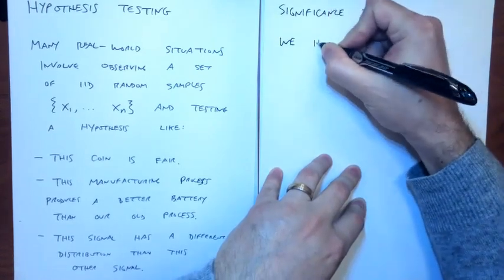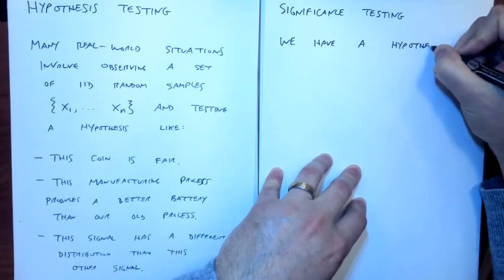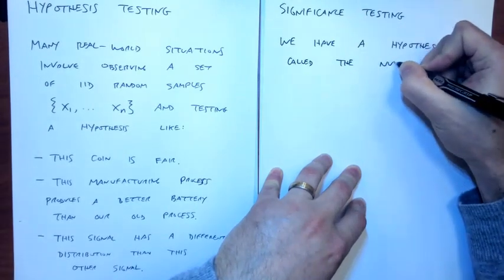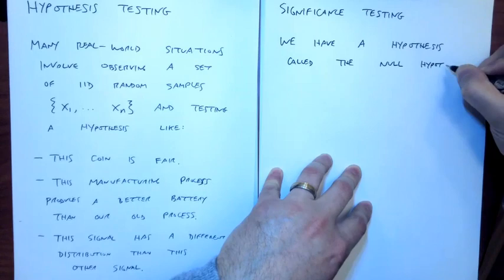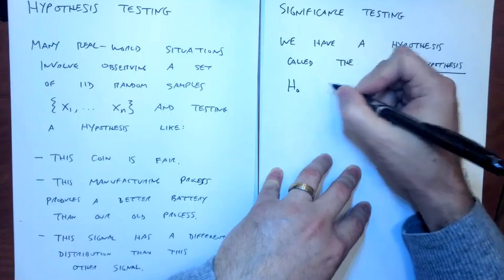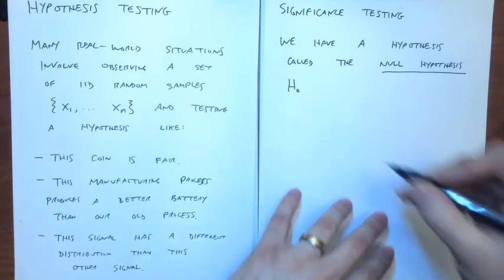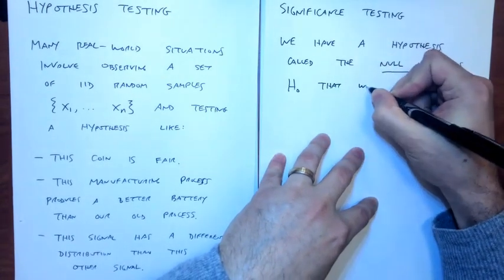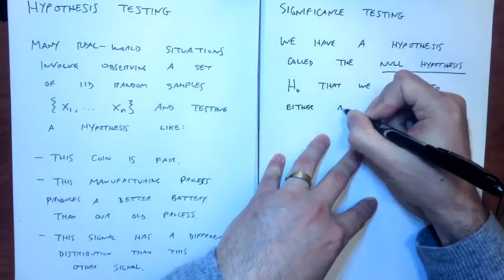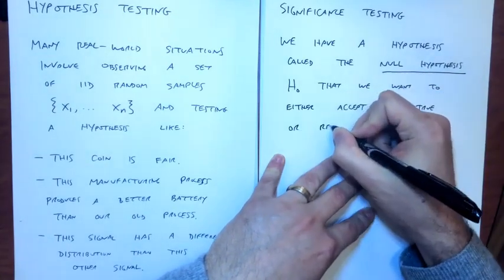We have a hypothesis called the null hypothesis, H0, that we want to either accept that it's true or reject as false.